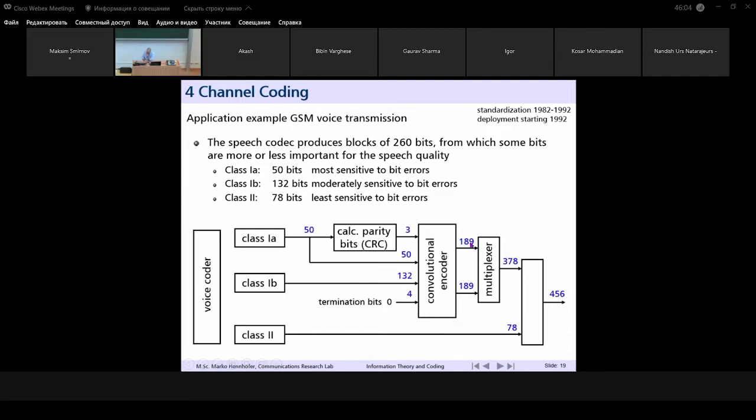At the end we get the rate 1/2 code, twice the number of bits out here, and they get multiplexed because at the end we need a sequential stream of bits. We just need to know how to multiplex this together. So this is basically how things looked in GSM. It's like 189 bits to be processed. After that, we append these 4 termination bits.